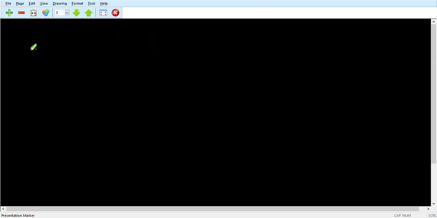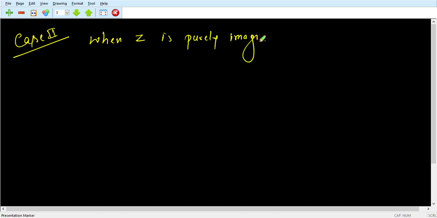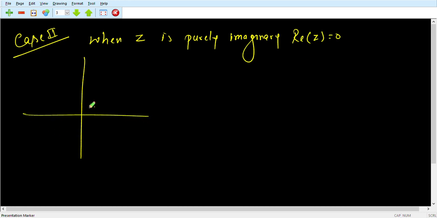Now case 2: when z is purely imaginary, that means the real part of z will be 0. So here also there will be two cases, z1 and z2.